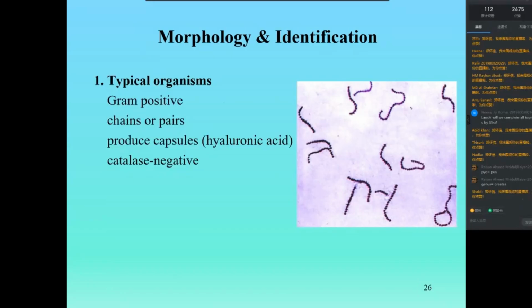But the bacteria can produce some kinase, streptokinase, and manipulate plasminogen into plasmin, and plasmin can dissolve the clot, dissolve fibrin in the clot, so that the bacteria will be released. They can escape from the clots. It's a very special, a very clever strategy.